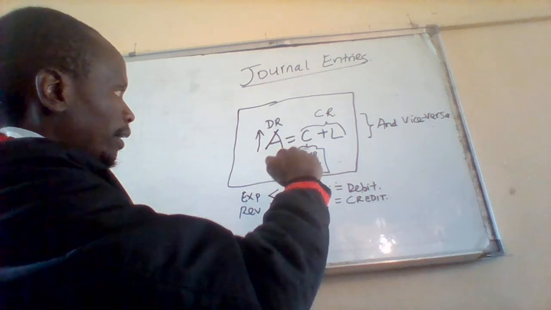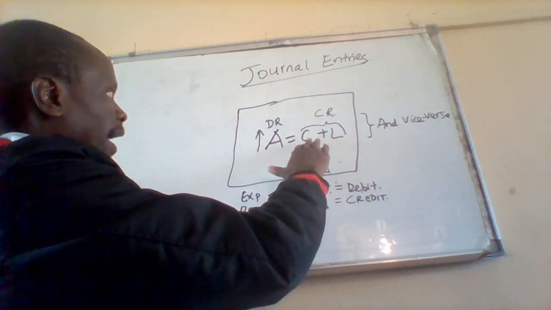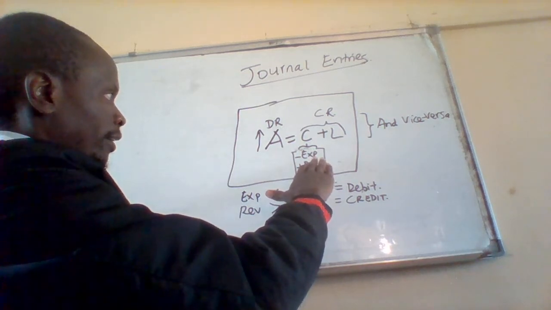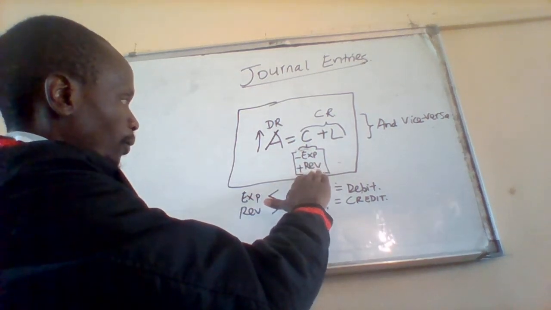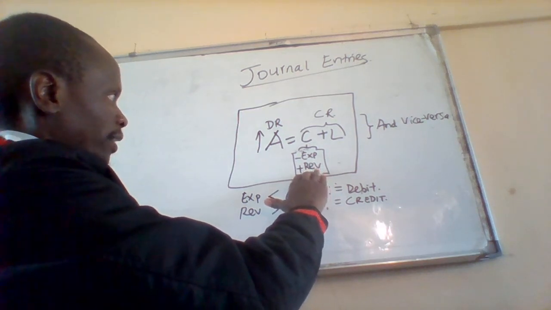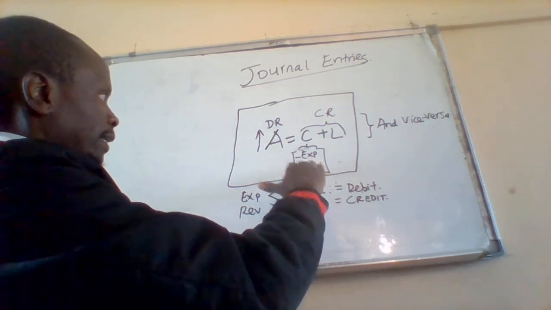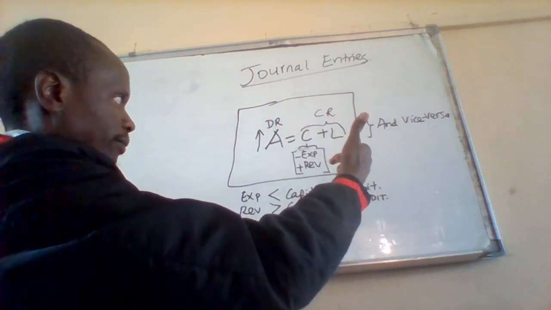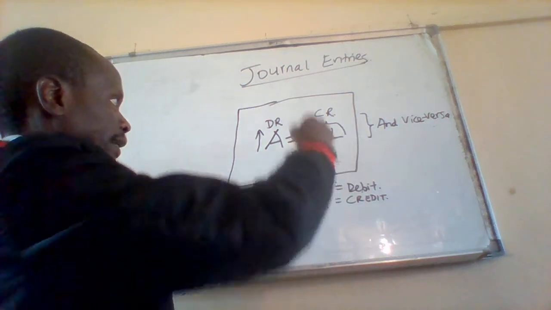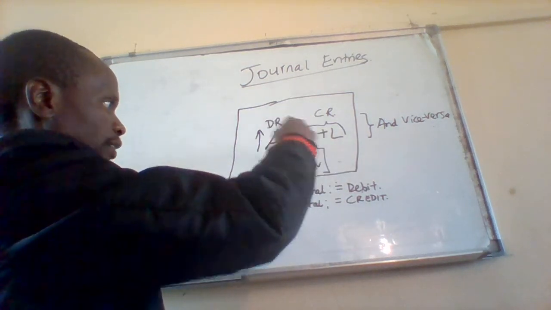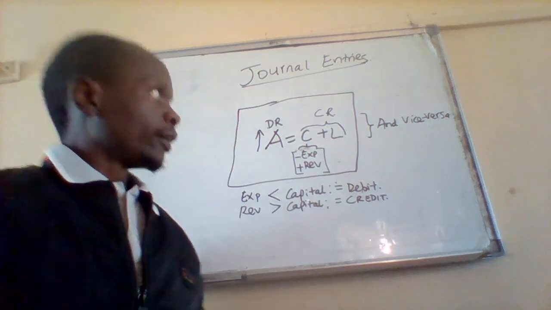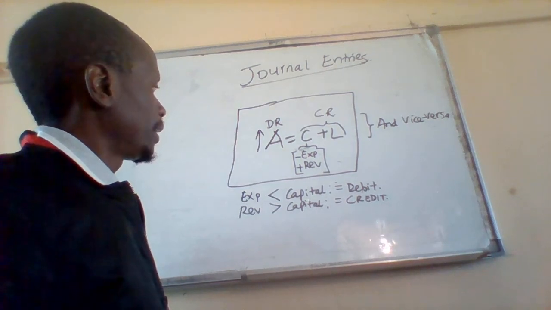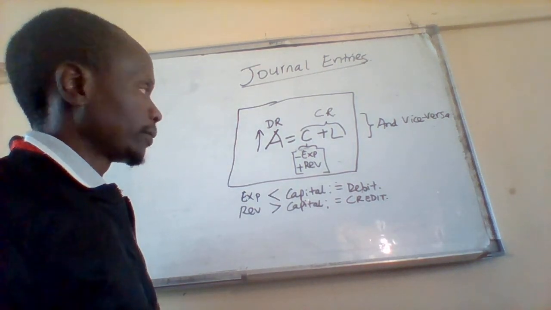If you know how to handle capital and the things that affect capital, yeah. So if it is a revenue or a sale, then you know that sales increase capital, and any increase we credit. Expenses decrease capital, and any decrease we debit. So that would be our guiding principle in this lesson.